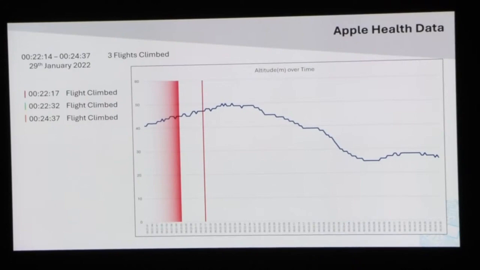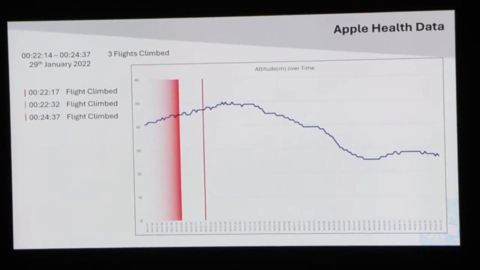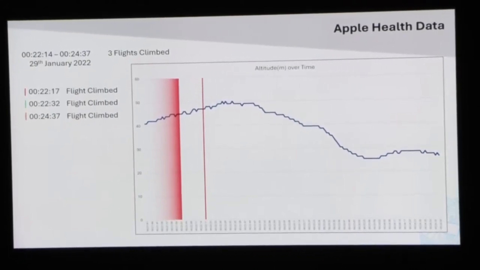The altitude information on the device shows that between those times, the altitude increased from around 41 meters to around 45 meters. You may recall earlier I said that it's a 3-meter incline that Apple considers a flight climb event. Therefore, the incline that occurred within this red gradient is sufficient to trip a flight climb event.